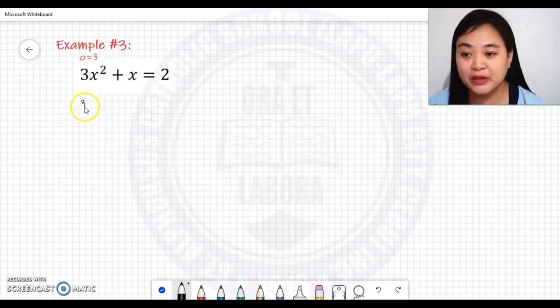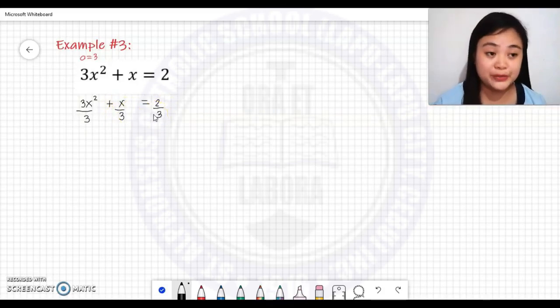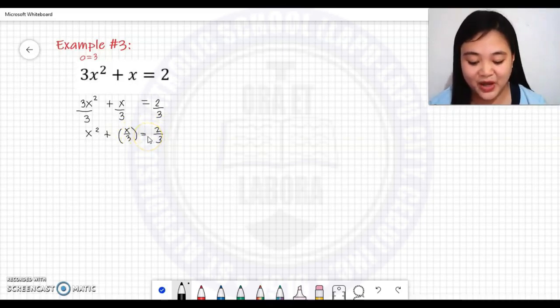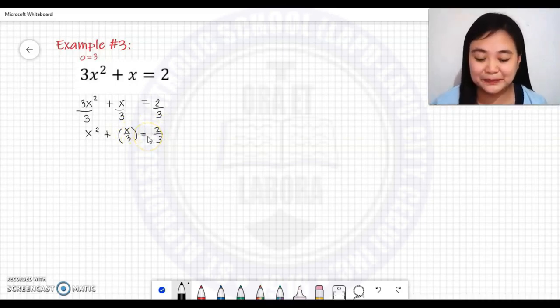So 3x squared plus x equals 2, divide the whole terms by 3. That makes the equation become x squared plus x over 3 equals 2/3. Okay, now we are dealing with fractions this time.